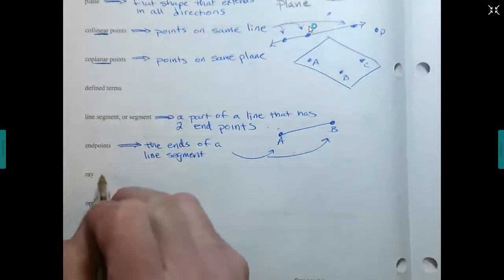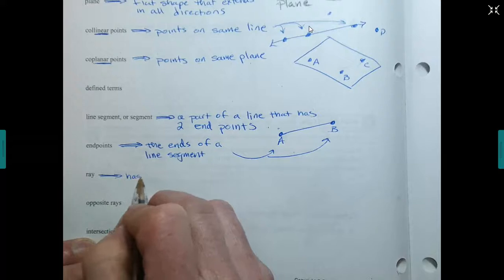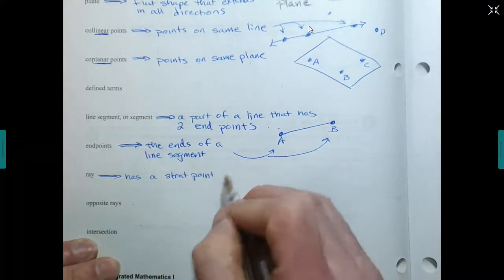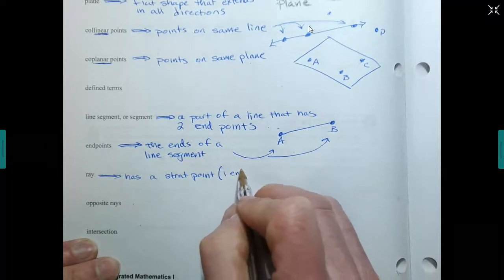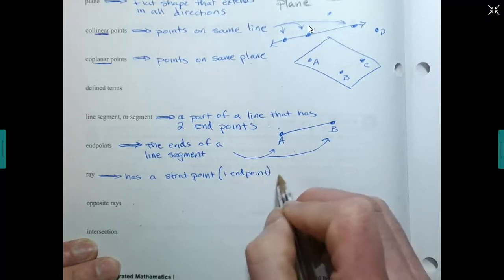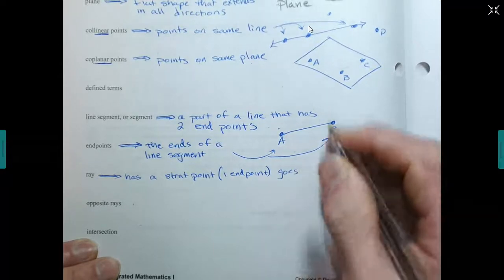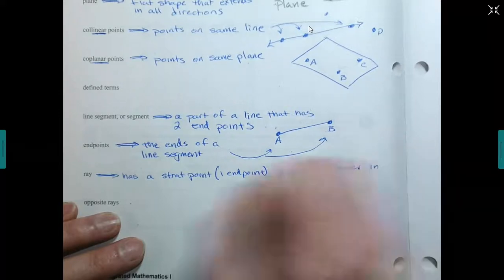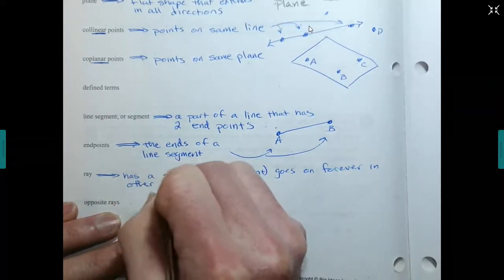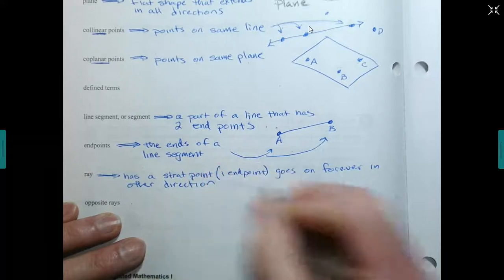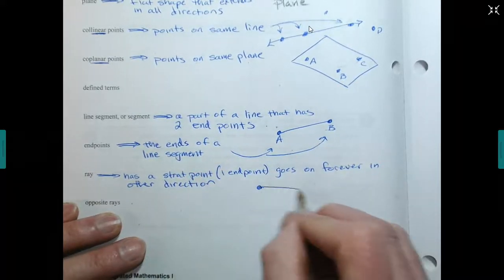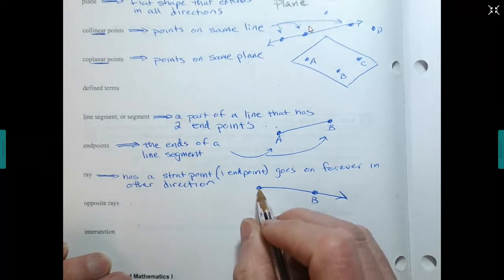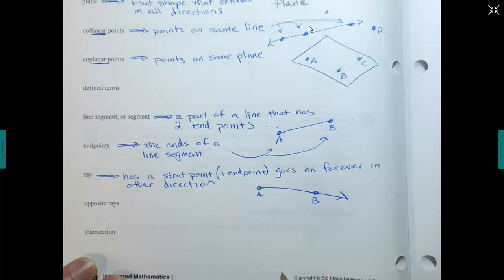A ray has a start point or one endpoint, and then goes on forever in the other direction. So it might look like this. A, B. So there's your ray, there's your endpoint or your start point, and it goes on forever.